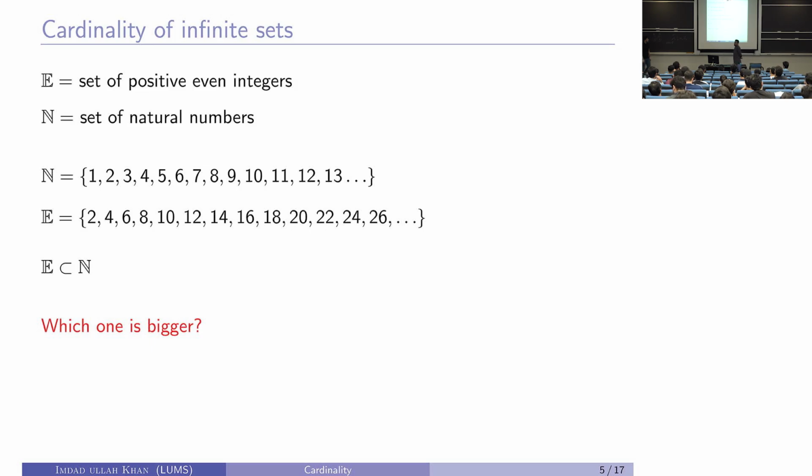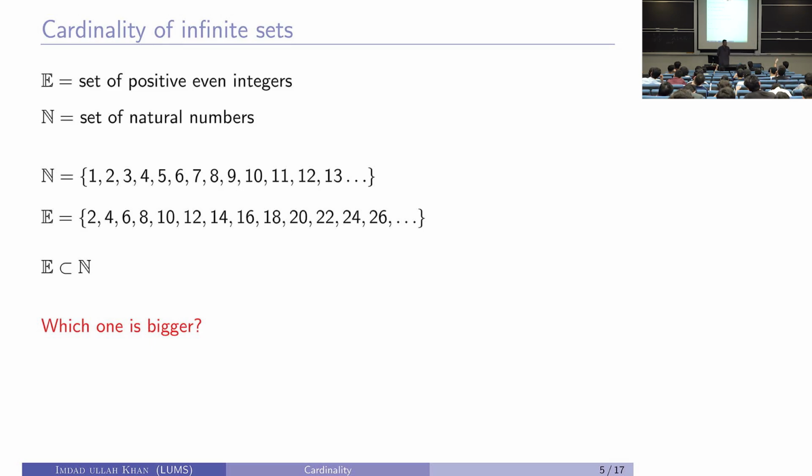E is the set of even positive integers, and N is the set of natural numbers, right? You can count 0 or 1, wherever you start from. So the set of natural numbers is now 1, 2, 3, 4, 5, 6. Which one of them has more elements? N has more elements. Why does N have more elements?